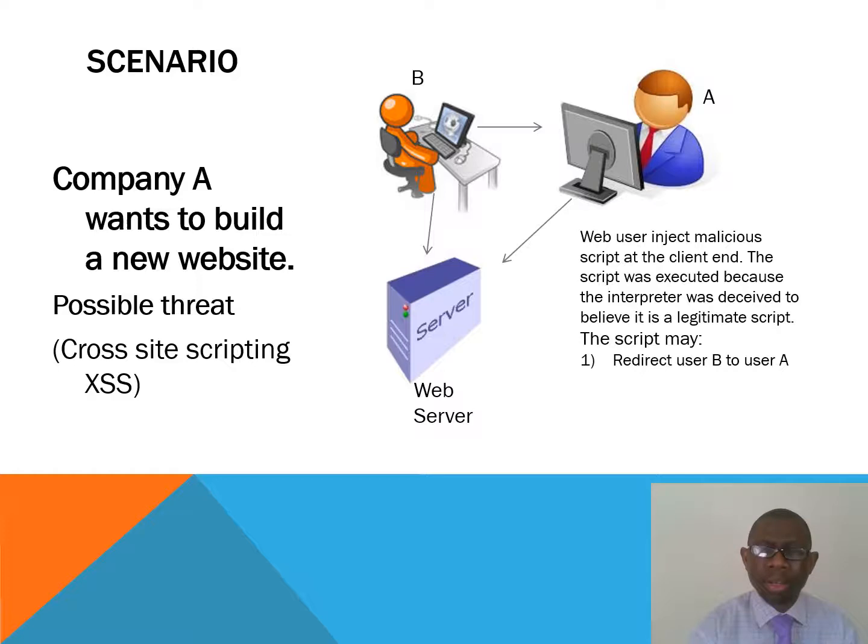But while client B is inputting its message, its request, into its client system, the information put into the system is forwarded to client A, because of the script that has been injected into the server and has been used to deceive the interpreter. So a redirection of user B's information to user A is now possible.